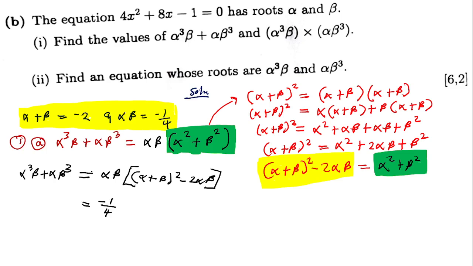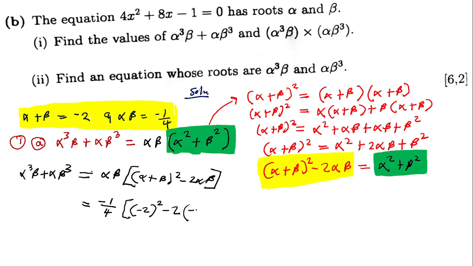And where there is alpha plus beta, you are going to put -2, and then squared, and where there is alpha beta, you're going to put -1/4, and then like that.